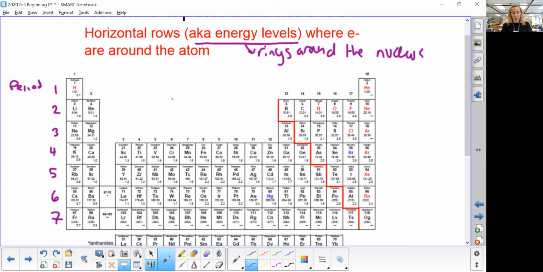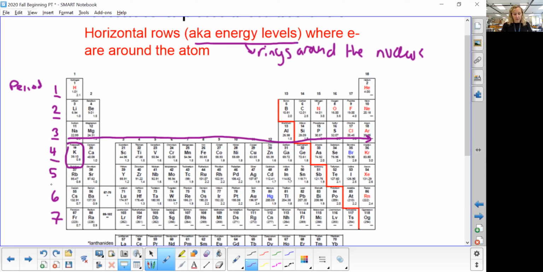You think of them as horizontal rows, but whatever period it is tells you how many energy levels the electrons sit on in that atom. So if you have an element in period 3, it will have electrons on the 1st, 2nd, and 3rd ring. The reason potassium is in the 4th row and not the 3rd is because it has at least an electron in the 4th energy level.